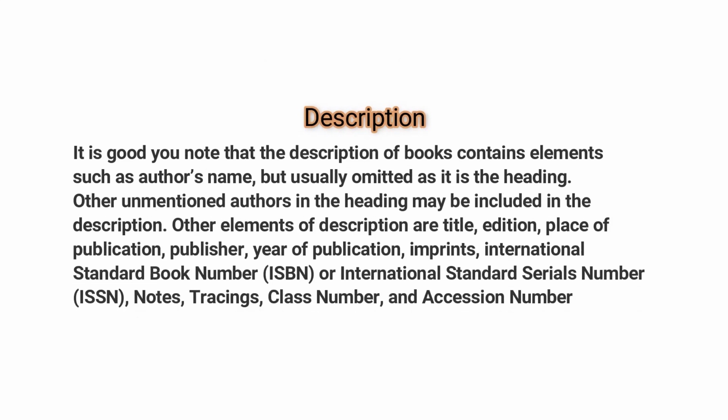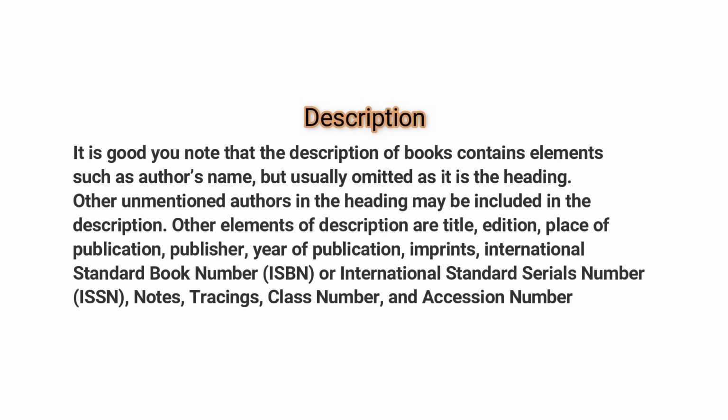Description. It is good you note that the description of a book contains elements which are authors' names but usually omitted as it is the heading. Other unmentioned authors in the heading may be included in the description.